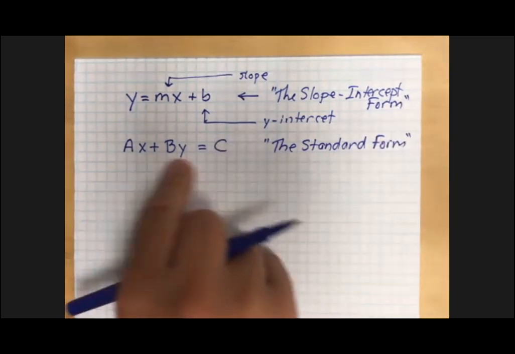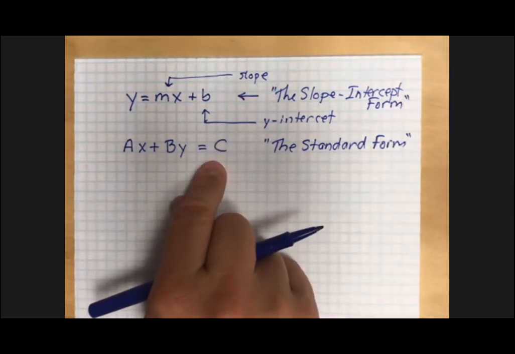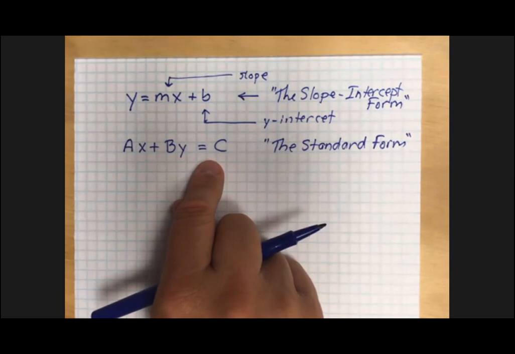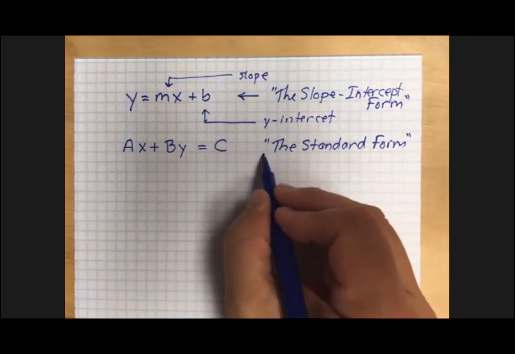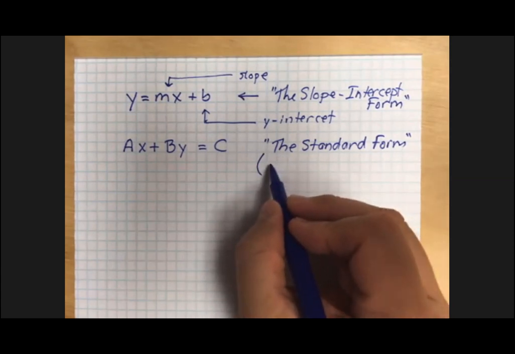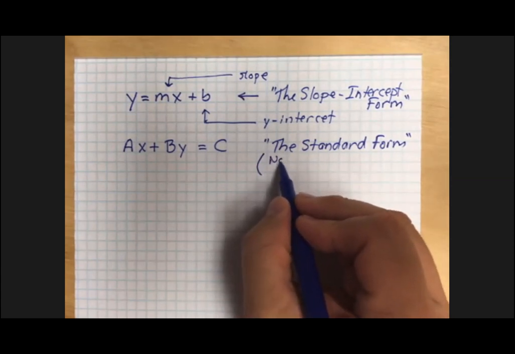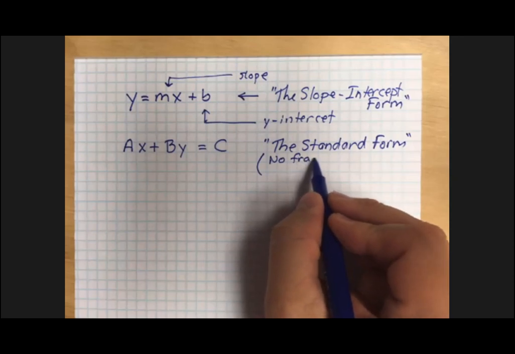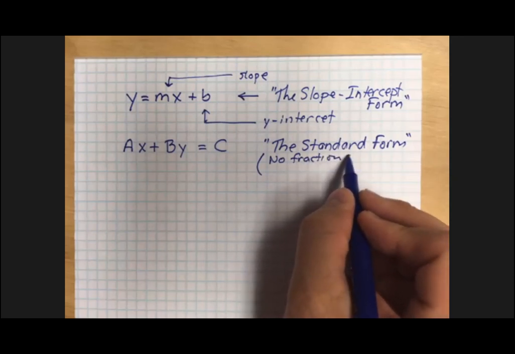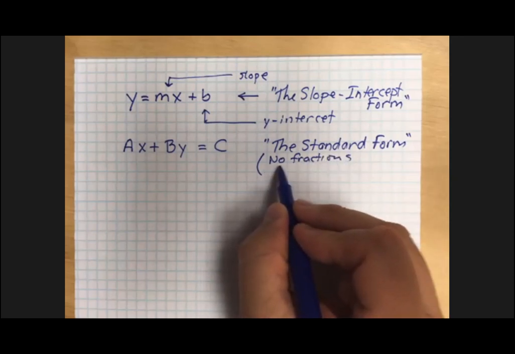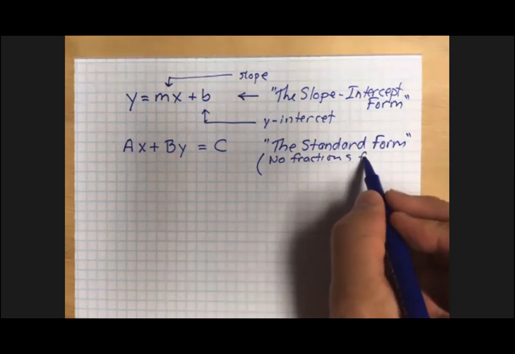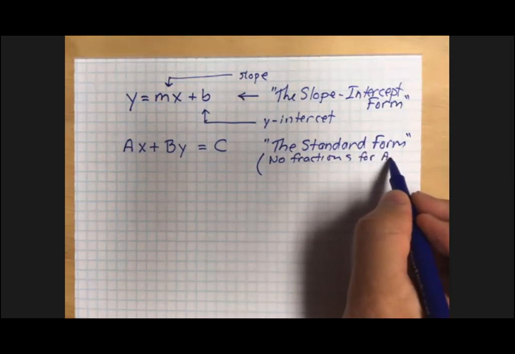And it's got its advantages too. I will say this, as the book says it also, when you write things in standard form, the a, b, and c are not really permitted to be fractions. So don't use fractions for a, b, and c.